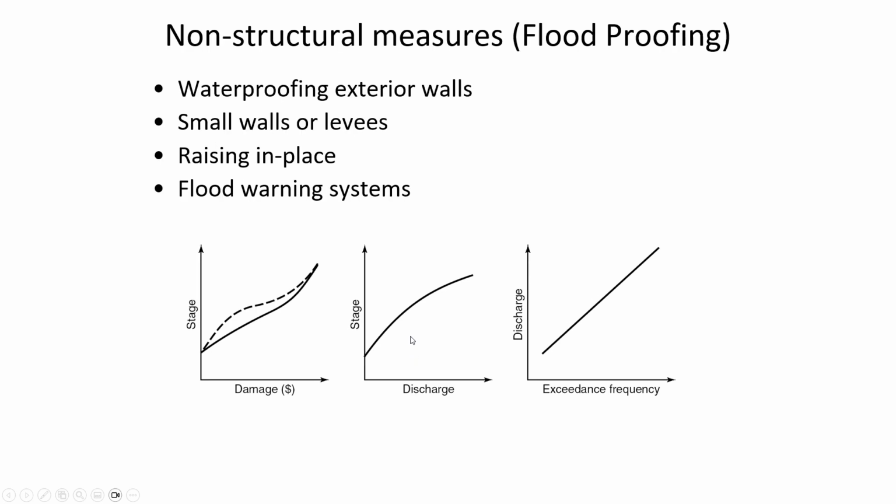What about flood proofing? Flood proofing can include waterproofing exterior walls so that they don't allow water to get into the structure, raising a building, like jacking it up and putting it on stilts.